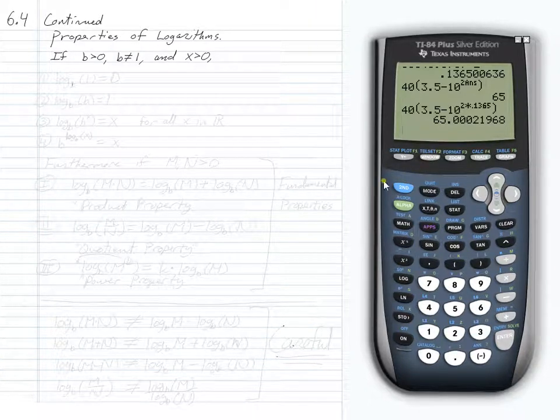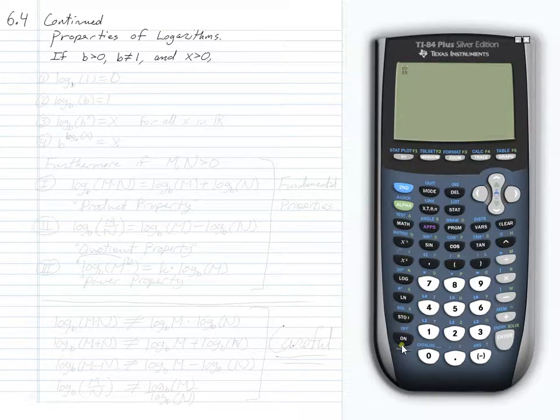We have already seen several properties of logarithms which hold for any base and any input. For instance, our first property says that log with any base of 1 is 0.